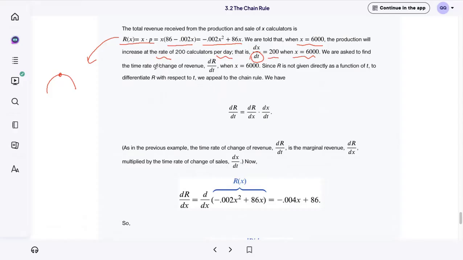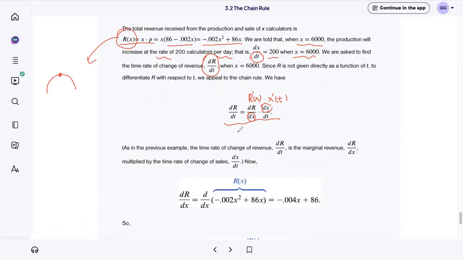So we are asked to find the rate of change of the revenue, dR/dt. By dy/dx equals dy/du times du/dx, we get something similar. So dR/dt, the rate of change of the revenue, equals dR/dx, because we have this function and we can find R prime, so this is R prime of x, then multiply by x prime of t. You see dx, one in the numerator, one in the denominator, right?